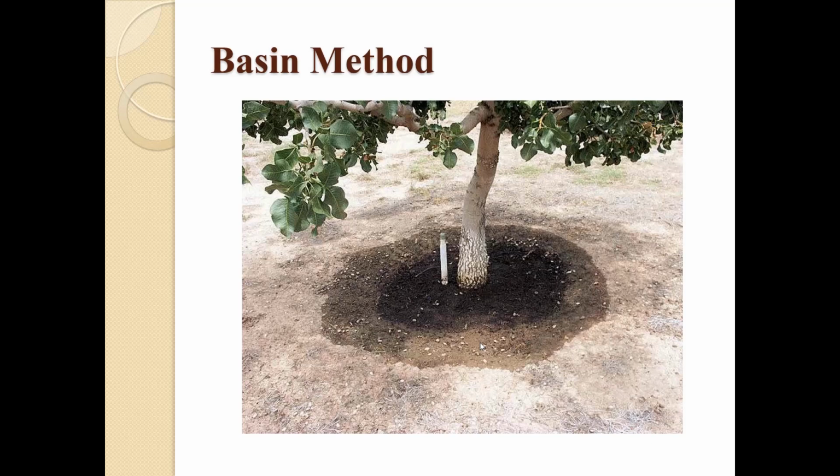So the loss of water is less in this method because the water is going directly to the plant, and as per requirement we can provide the water. We are all familiar with this method because this is quite a popular method in our region, or rather say our country.